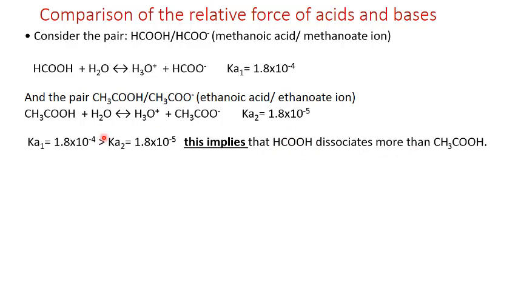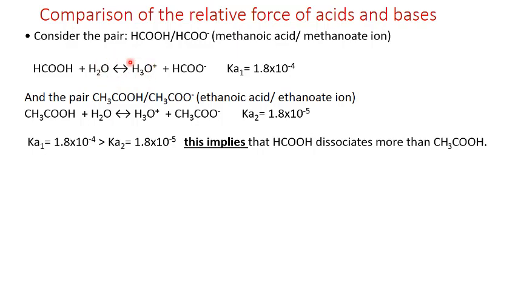Why? Because when Ka is greater, it means, according to the formula of Ka, that in the numerator we have more products with respect to CH3COOH. It means HCOOH, upon being dissociated, produced more H3O+ than CH3COOH, and the acid character is due to H3O+.